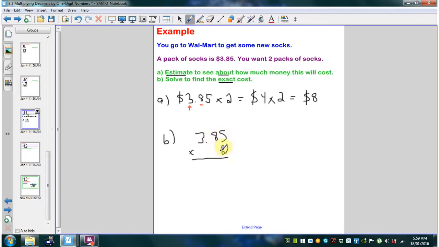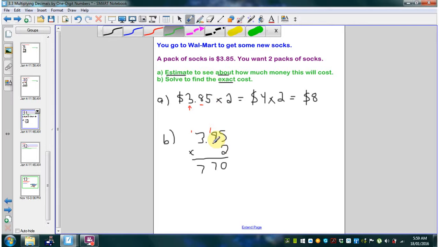So 5 times 2 is 10. Carry our 1. 8 times 2 is 16. Add the 1 is 17. Carry our 1 again. 3 times 2 is 6, plus our 1 is 7.